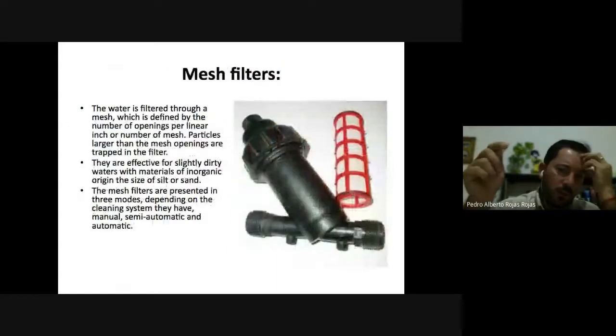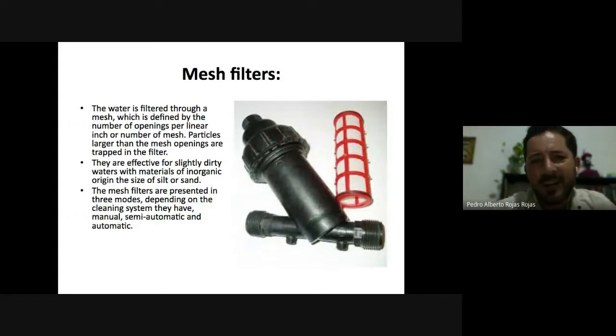Another kind of filter is the mesh filter. The water is filtered through a mesh, which is defined by the number of openings per linear inch; this is the quantity of mesh per inch.